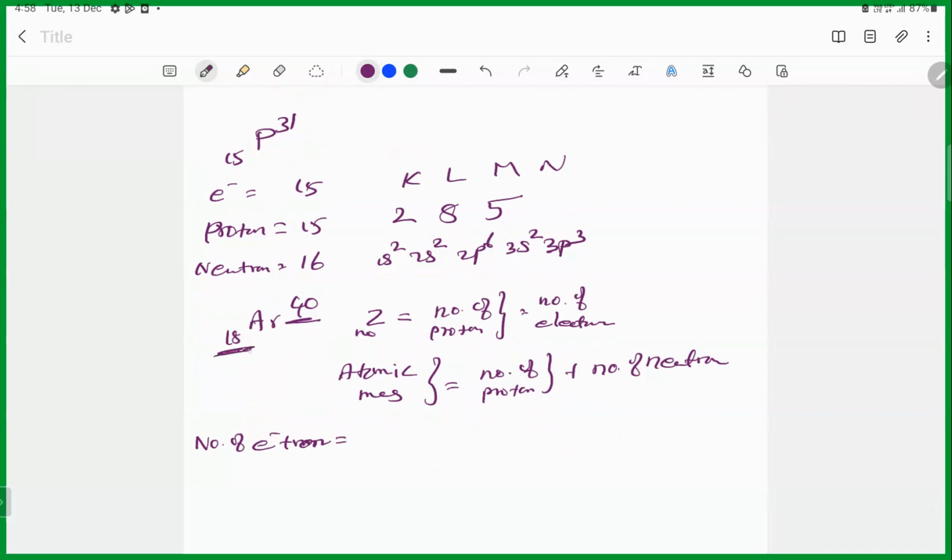What is the atomic number? 18. This is the atomic number and the mass is 40. So the number of protons is 18, and electrons and protons are the same.